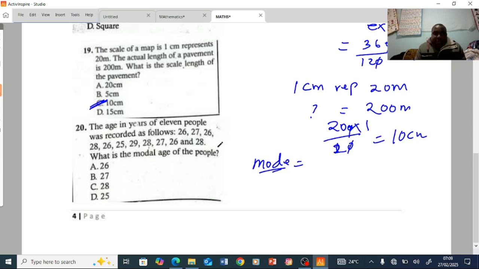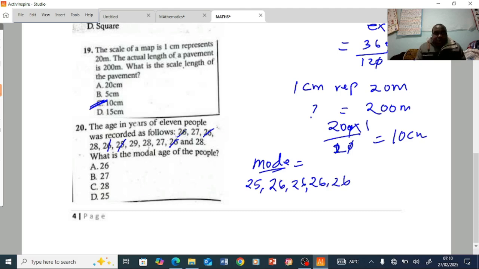We can arrange the data in ascending order first. The smallest data there is 25. We have 25, we don't have another 25. We have 26, another 26, another 26, and another 26.